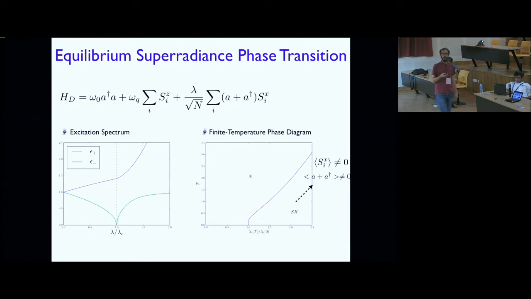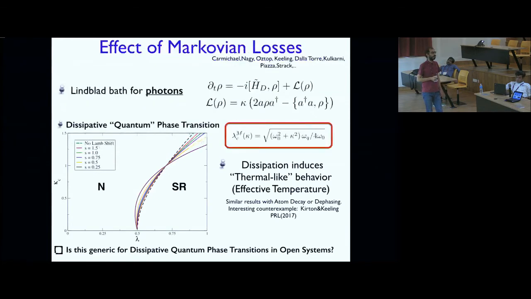So you can start asking what happens when you now open the system to the environment, and people have looked at this, motivated mainly by cold atom experiments. In that context, you think about a Markovian environment, and you couple your Dicke model with some Lindblad bath.